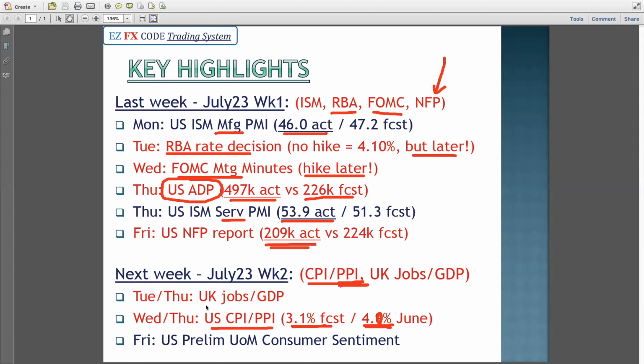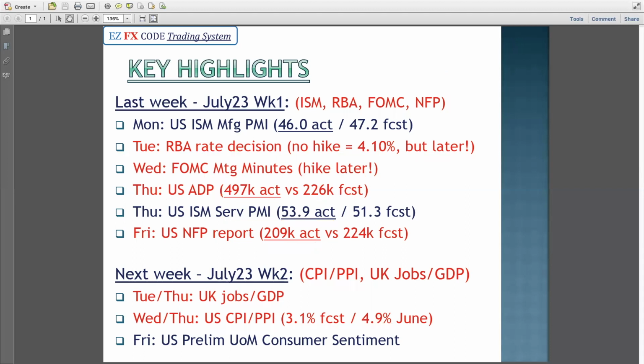And from the UK, there's jobs data as well as their GDP figure. So we'll see whether their GDP is able to stay above the zero level. Let's watch out for this coming week's news with CPI especially. That's the key one from the US, with some consumer sentiment figures at the end of the week.